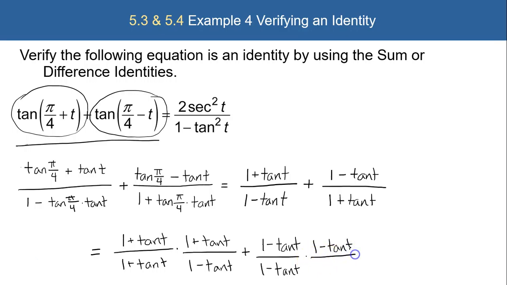And then on the next slide, we are going to multiply all of this out. Notice that when we multiply these denominators together, we will get a common denominator, which is going to be 1 plus tangent squared t. Let's go to the next slide and figure out the rest of it.